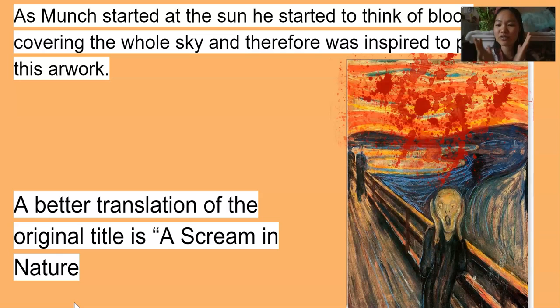And so you can see the person in the front screaming. A better translation of this original title is actually The Scream of Nature. All right, and so this is one of the reasons why it was made. He was inspired by what he saw and the horror, the emotion that came. Even though I believe it's a pretty beautiful painting. You know, there's a horror element to it, as you see on the bottom.